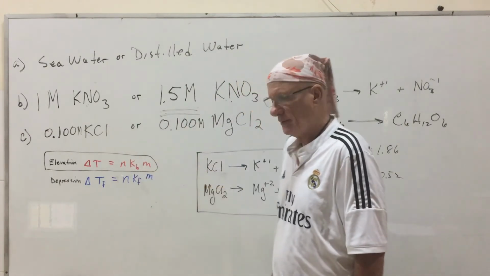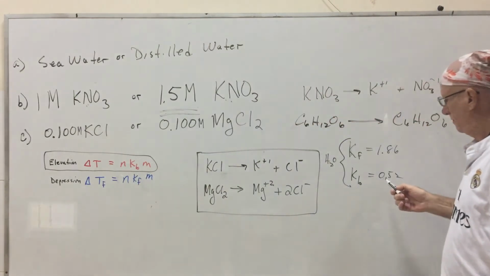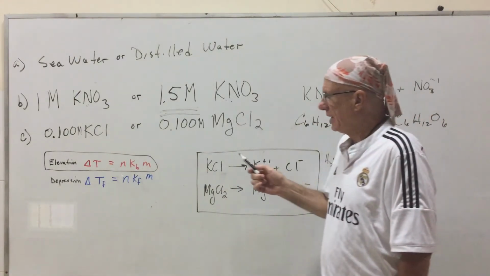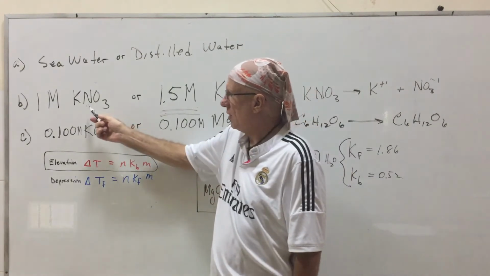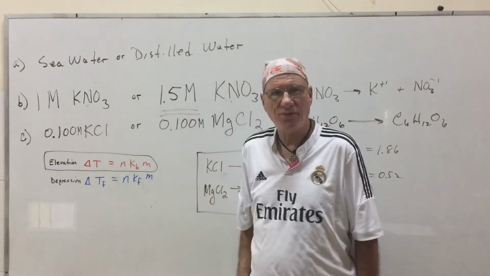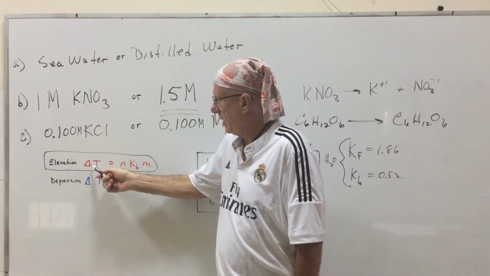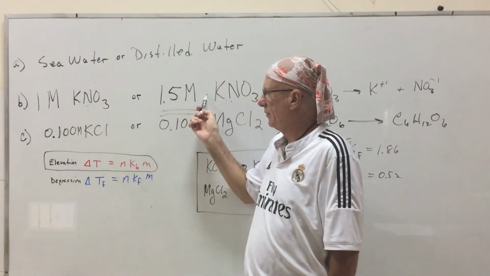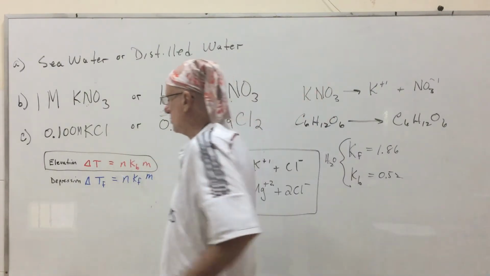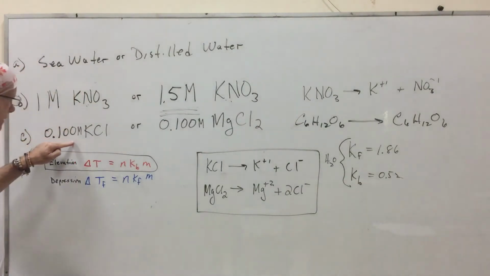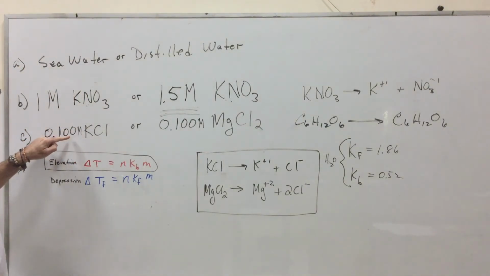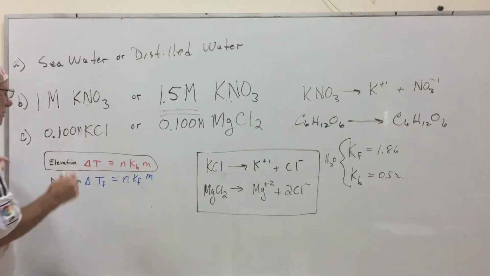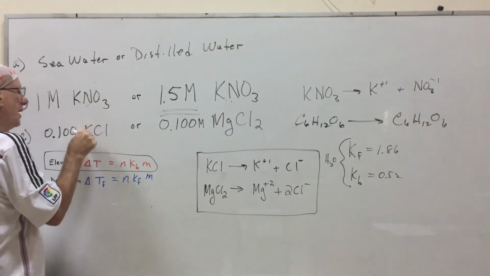Kb is 0.52, but m for this one is 1, and for this one is 1.5. So the greater elevation would be this one. The next one is at 0.100 molar. I apologize.